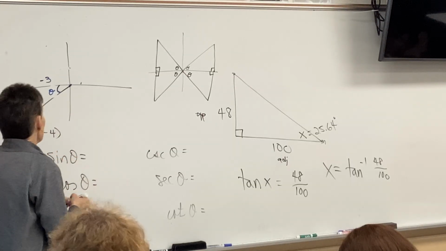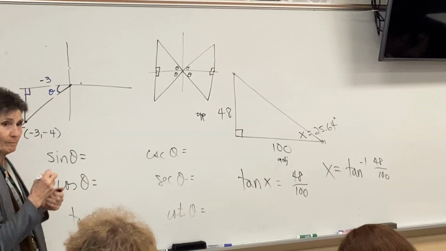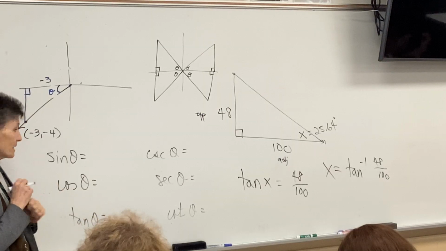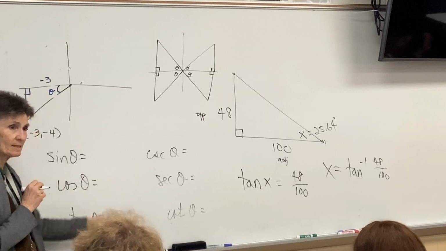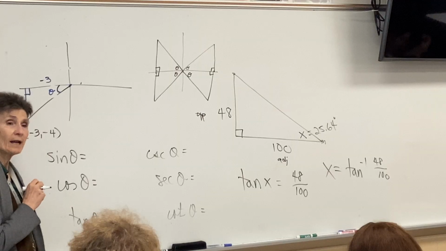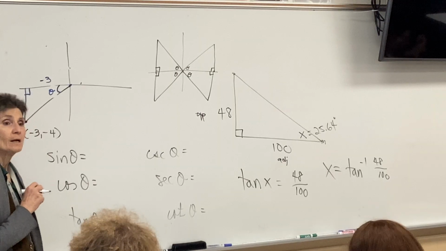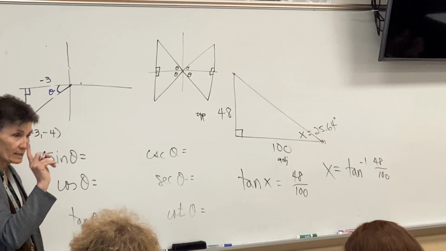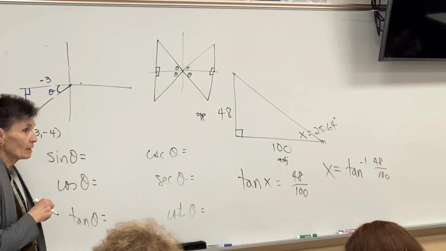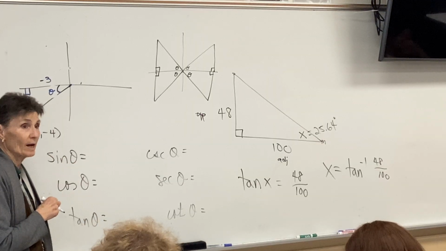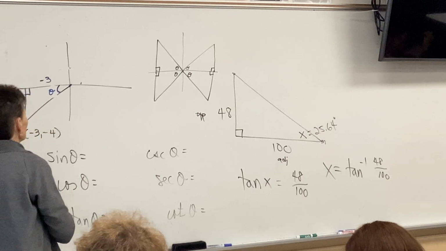Okay. What's missing in the picture? What do I not have that I need if I'm going to fill in all these things? Hypotenuse. And how do I find the hypotenuse? A squared plus B squared equals C squared, Pythagorean theorem, right? So here we go.